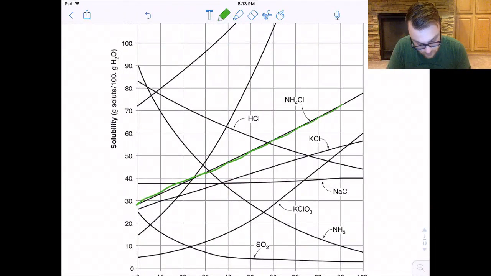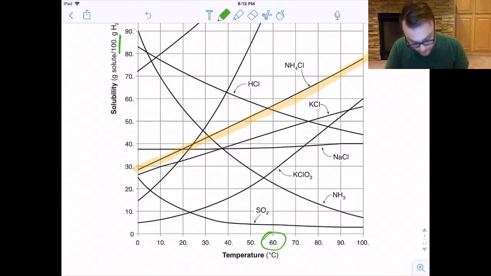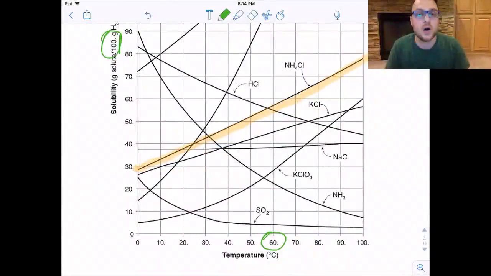That curve right here, I'm just going to highlight it. Questions can be like, how much NH4Cl can be dissolved at 60 degrees if you are dissolving it in 100 grams of water? The y-axis is grams dissolved in 100 grams of water.